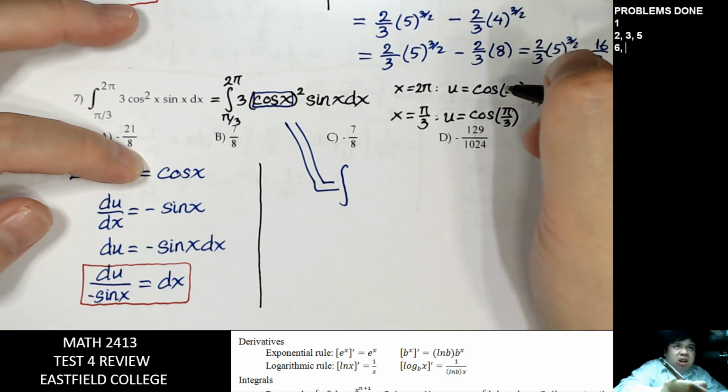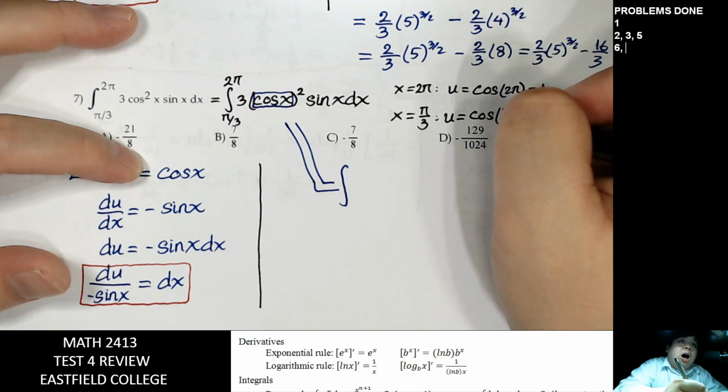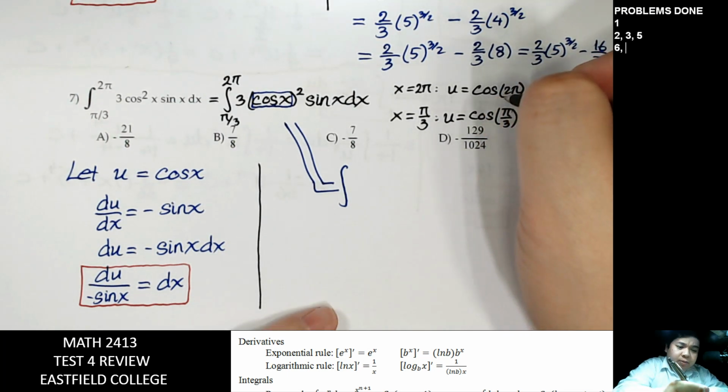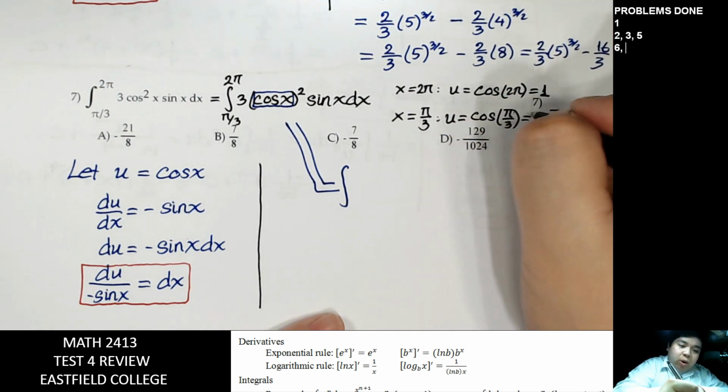Cosine of 2 pi is just 1. Cosine pi over 3, sorry, pi over 3, is 1/2.